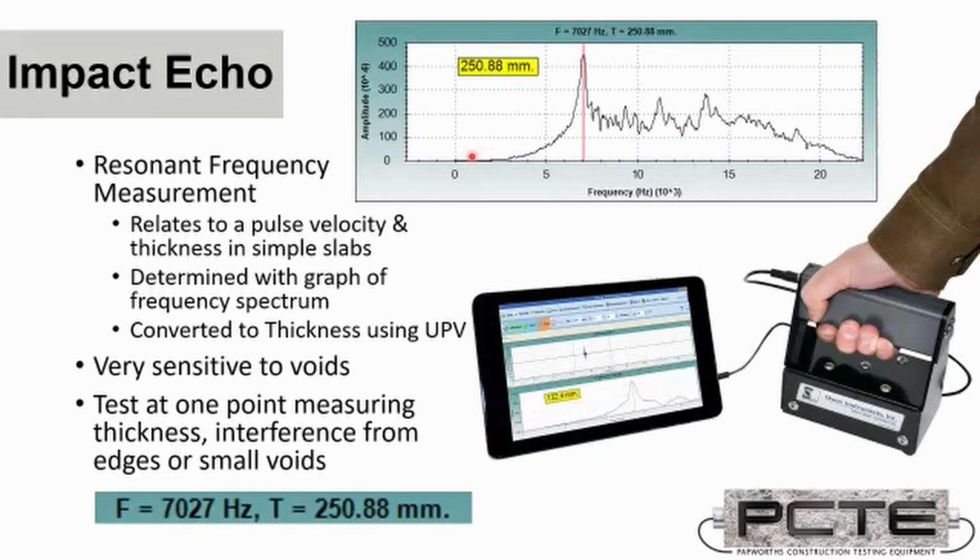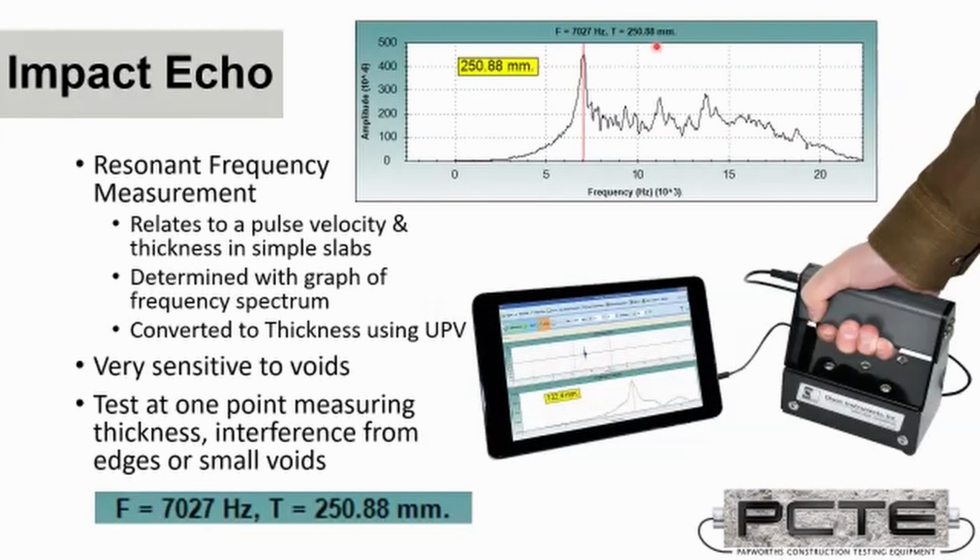The diagram at the top here is a graph of signal strength, amplitude, versus frequency. So we can see that the dominant frequency, shown by the strongest spike in this target, is seen at 7,000 hertz. And we've also got a thickness value we've given here of 250 millimeters. We get that thickness conversion by assuming or measuring a speed of sound to convert.